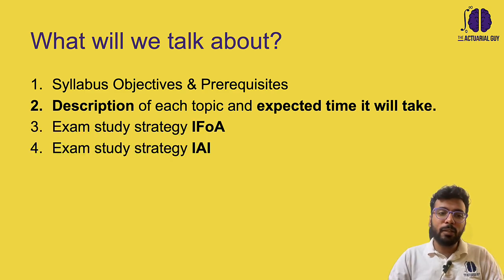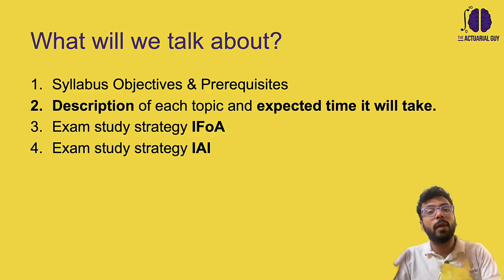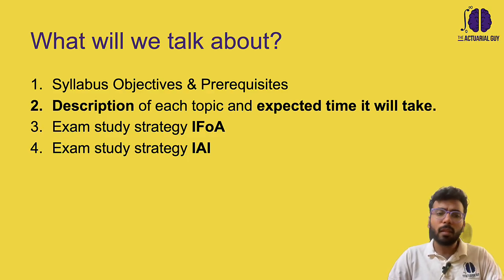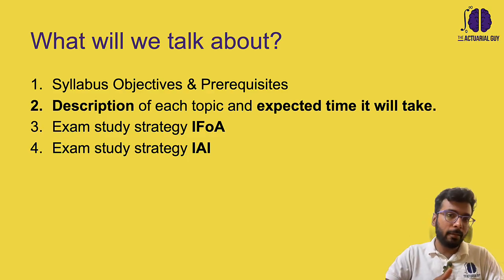Then we'll get into the exam study strategy for IFoA and IA. How do the two differ from each other, right? What do you need to do extra for IA? Because typically that is the more difficult exam. And IA's CM1 exam, unlike some of the other exams like CM2, CB2, is a relatively difficult paper.